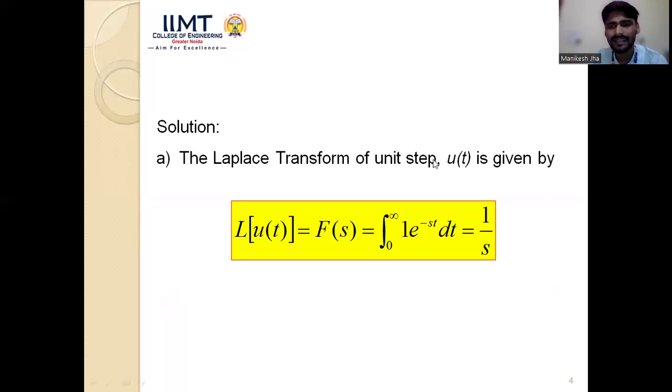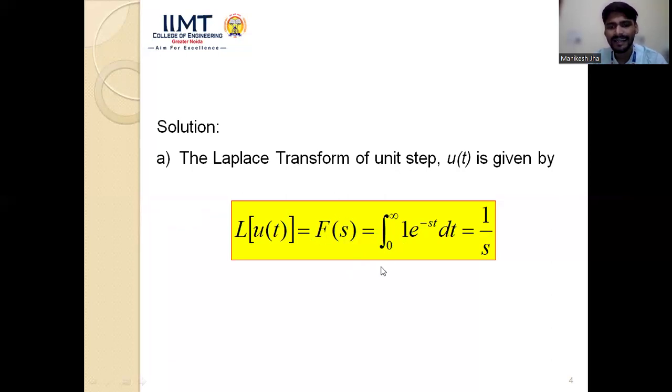As we already know, the unit step signal is defined as: when t is greater than or equal to 0, the value of u of t is 1. When t is less than 0, the value of u of t is 0. When we take the Laplace transform, the Laplace transform of u of t is F of s, which is in the complex frequency domain.